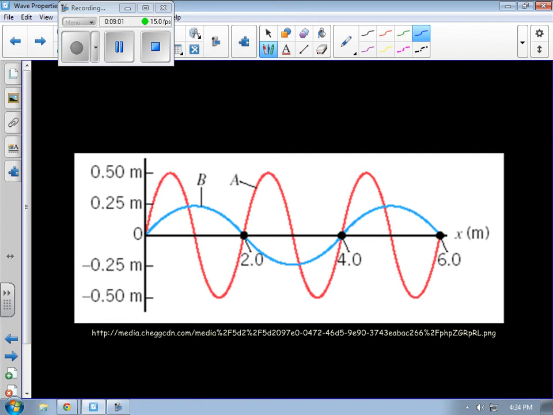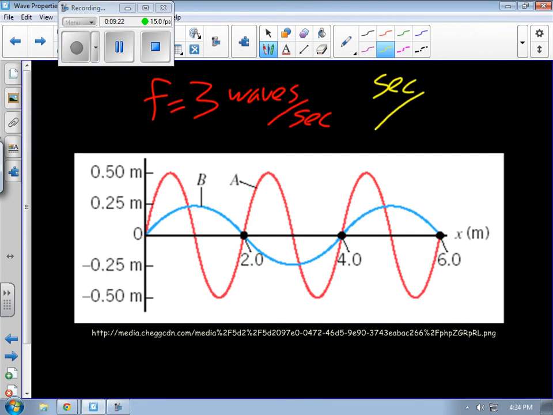So in order to do this, let's go back to frequency. So our frequency of the red wave was 3 hertz, or 3 waves per second. And what we're trying to calculate is how many seconds per wave, which is known as the period.